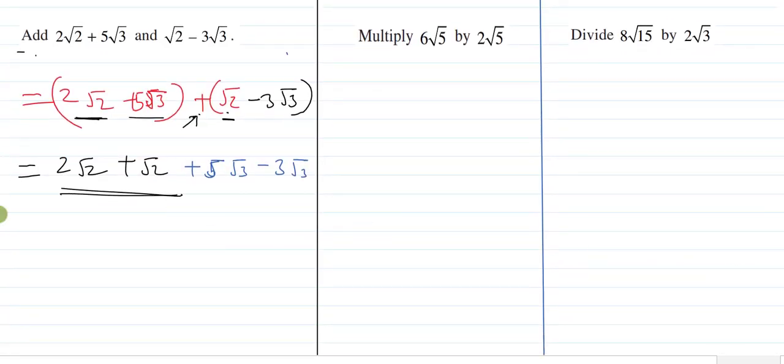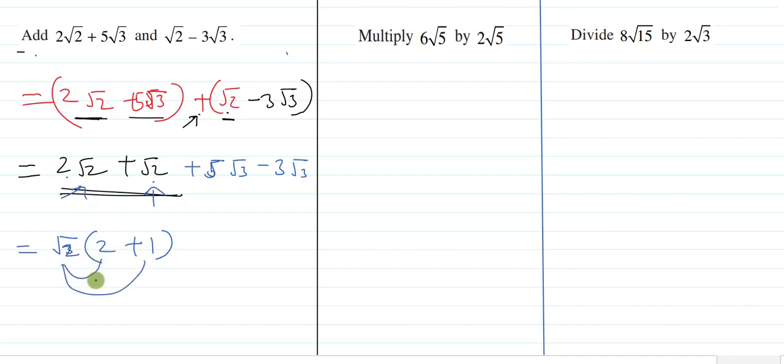Okay. Now whenever square roots or irrational numbers are there, or for your understanding, let's call them root. So here I can see root 2 is common, so I will take it common. What will be there? 2 plus 1. You can cross verify. Root 2 into 2, 2 root 2.